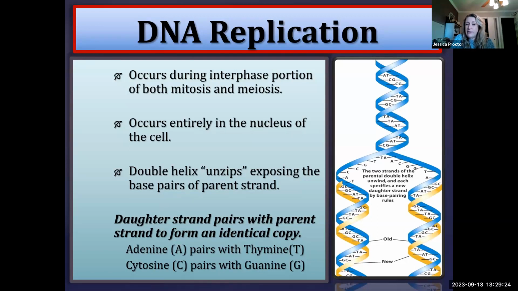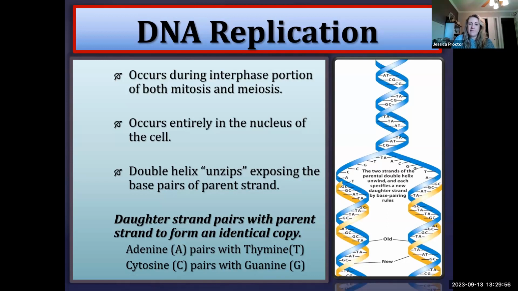Mitosis is when the somatic cells, or body cells, divide, and meiosis is the process that makes genetically unique gametes, sex cells. DNA replication is necessary prior to mitosis because every cell needs an identical copy of our genetic code, all 46 chromosomes. So the cell must go through DNA replication in order to prepare for cell division.